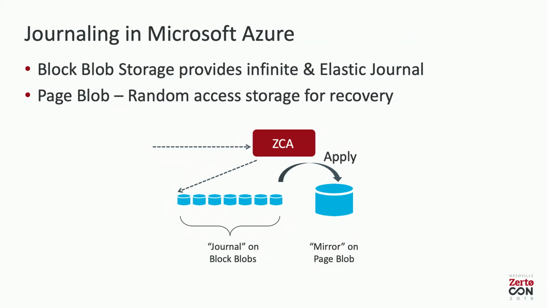Whenever we want to put something in the queue, we aggregate them up to a certain size, say a megabyte chunk, and write them up as an object. And when we need to apply, we read the first one in the list, apply it and delete it.